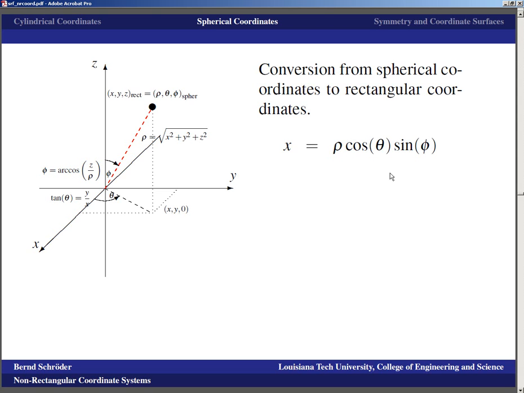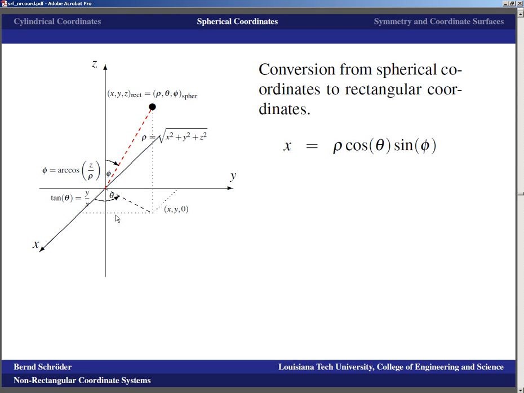Same thing's going to happen for y. Y is over here, and we know that if we refer again to cylindrical coordinates, then y, this distance here, is such that sine theta is y over r, and r still is, because phi is sitting here, sine phi is r over rho, which means r is rho times sine phi.